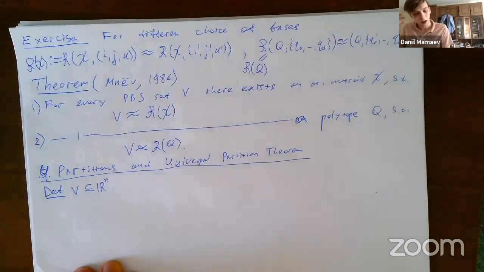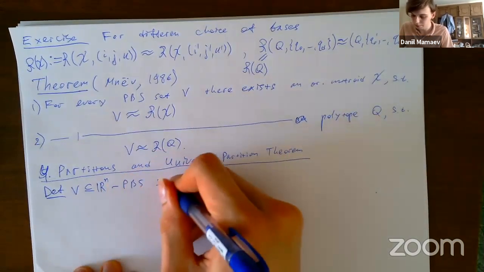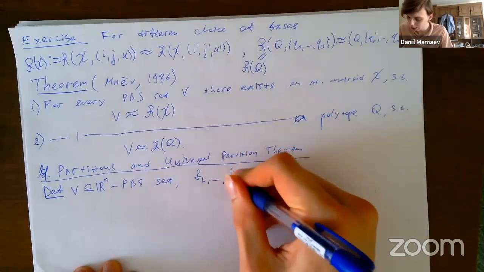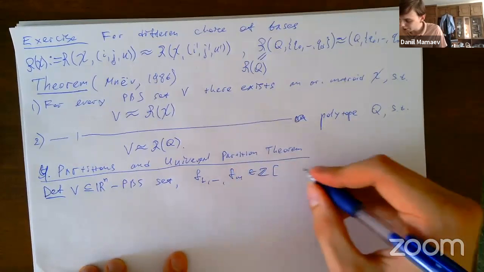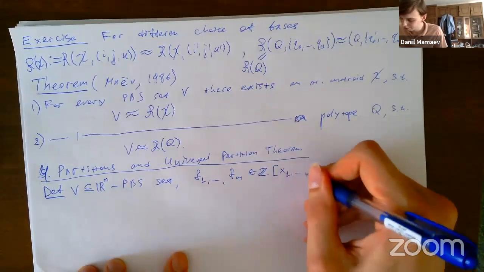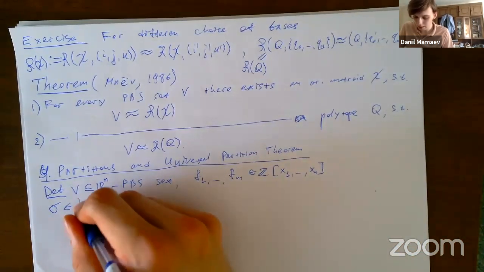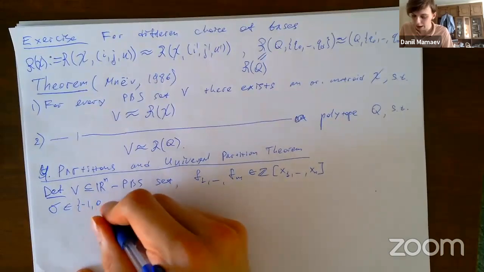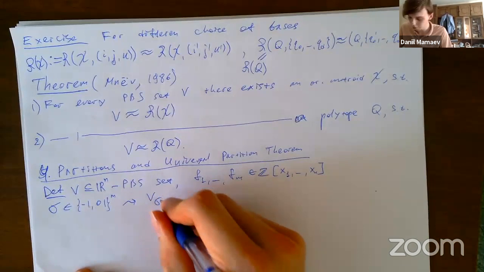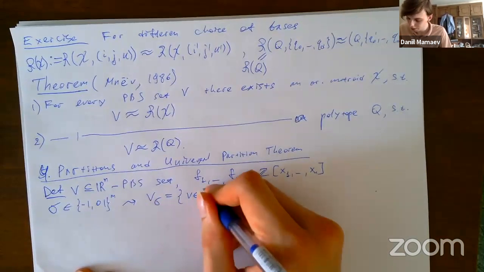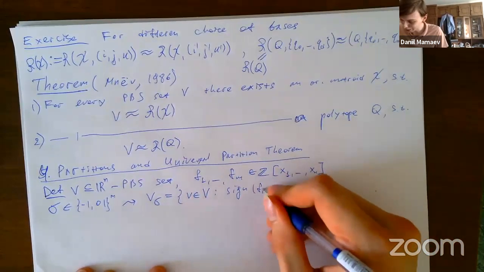Suppose we have some primary basic semi-algebraic set V and a number of polynomials with integer coefficients. And for any collection of signs of these polynomials, we define a subset of V such that the sign of each polynomial is prescribed.